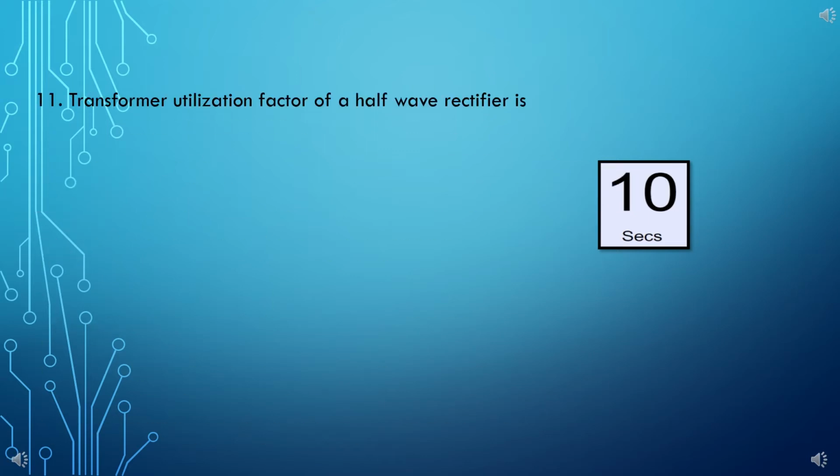Transformer utilization factor of a half-wave rectifier is: Option A. 0.234, B. 0.279, C. 0.287, D. 0.453. Answer: 0.287.